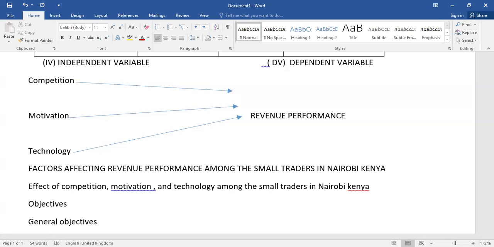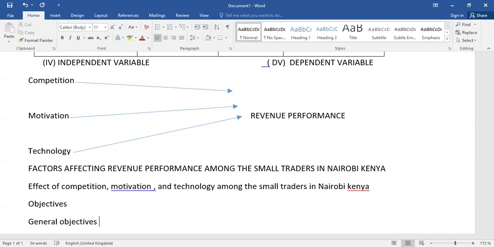Because we have general objective, we also have specific objective. You have to understand well the difference between the general objective and the specific objective.